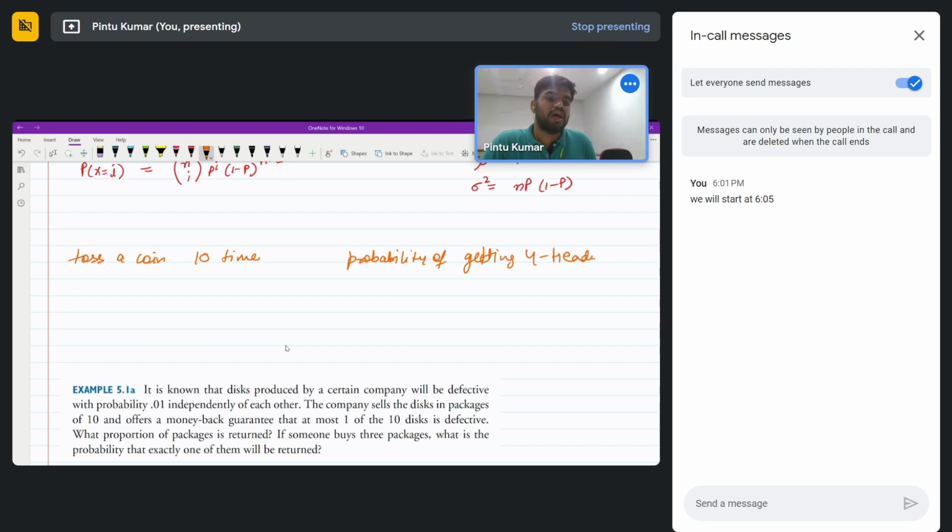Let's say the probability of getting a head on a single Bernoulli trial is given by small p.